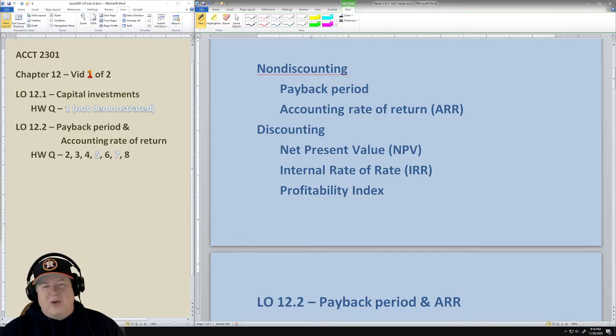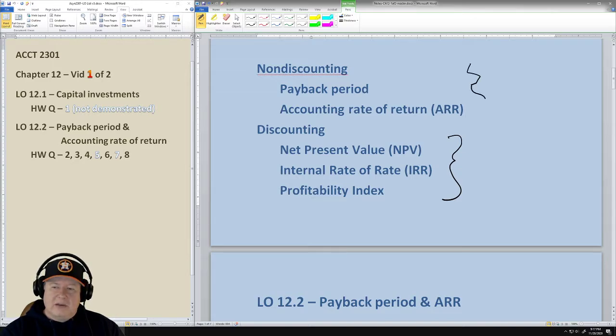So whenever we do this analysis, we've got to make sure that it's better than some kind of threshold. So the discounting methods, these down here, take into account some sort of interest rate. Whereas the non-discounting methods do not have interest rates attached to them. They're more just straight calculations.